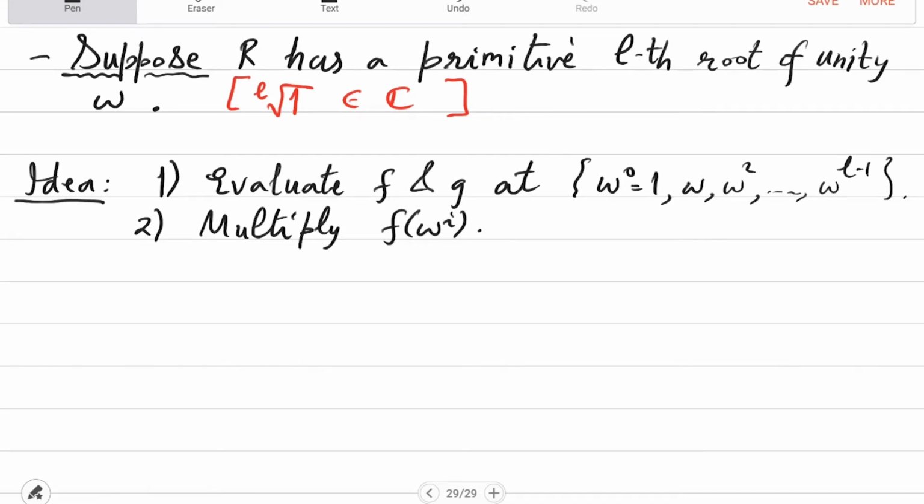So omega^i with omega^i, f and g respectively. This multiplication will happen in the ring R. This is happening for all i's. So these are L multiplications you will do. These are L R operations. So we don't have to specify how this is done because this is in the base ring. So that we don't specify. And then you have to do interpolation.